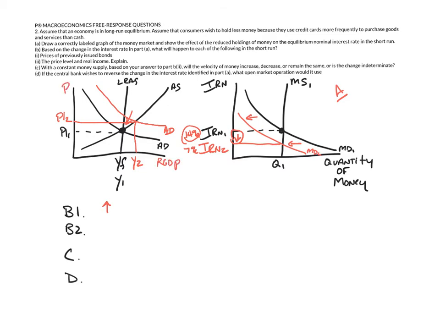Here's price level, real GDP. Okay. So here, just kind of the red is where we're at right now. So question is what's going to happen to the price level? Well, we see that the price level went up. So the first one is price level went up.